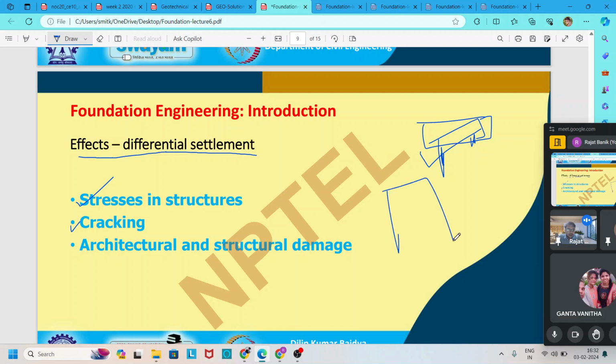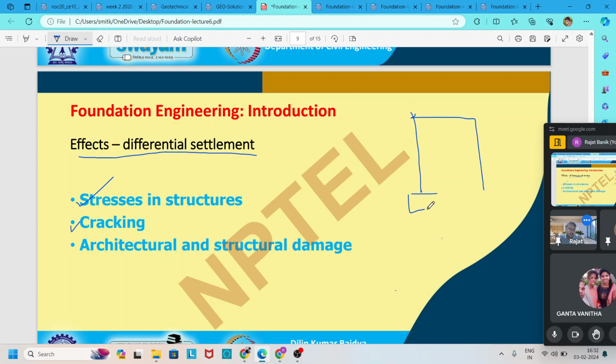That means like this way our building is designed. It is foundation, and it is like a two-story building. If there is a differential settlement, that means the foundation below this column is settled and this column remains the same. I can draw it again so you can understand better. Say a two-story building is built on two foundations.